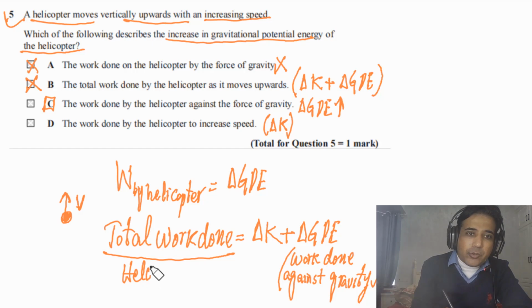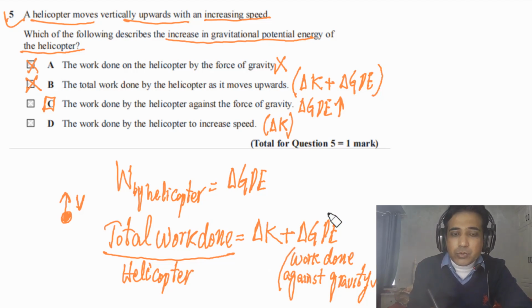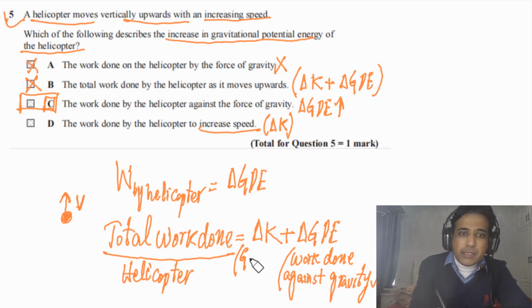The work done by the helicopter is used to increase its kinetic energy and also to do work against gravity, or simply we can say to increase GPE. So these are some beautiful points you need to understand. Work done by the helicopter to increase speed is the increase in kinetic energy. I hope this one is clear to you. So the answer for this question is C. We can also say this one is gaining speed, so you can write it here.